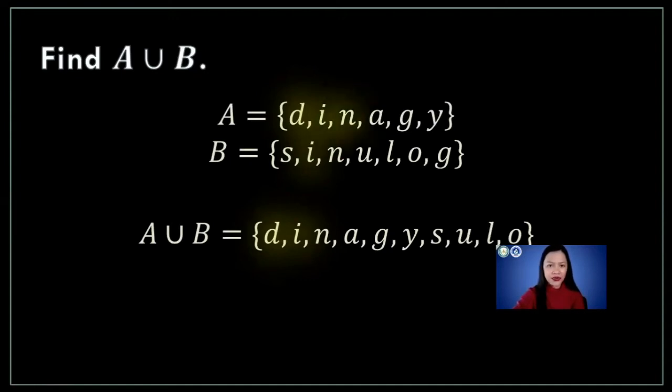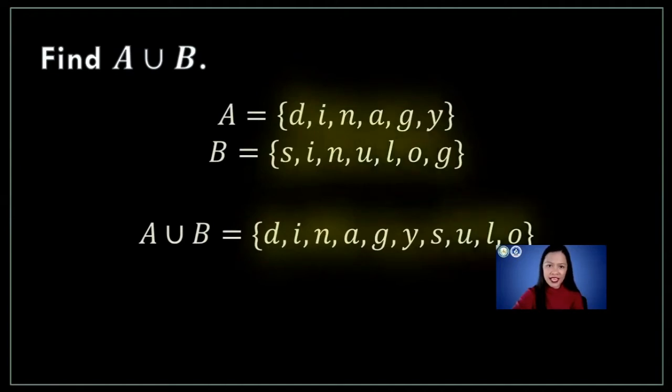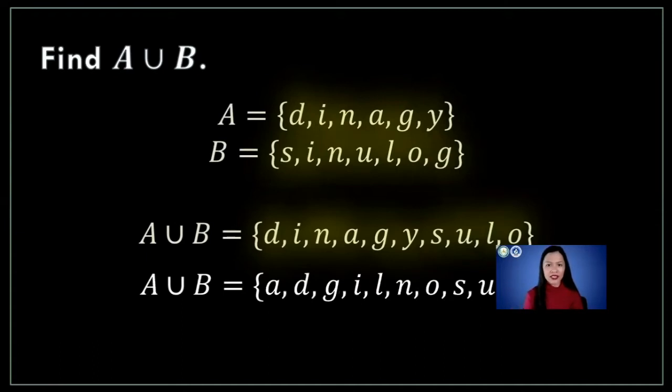That is also true for N. We also have A in the union, as well as G, Y, S, U, L, and O. So we did not miss any letter at all. By convention, we can write the elements in a particular order. For this case, we have the set with the elements written in alphabetical order.